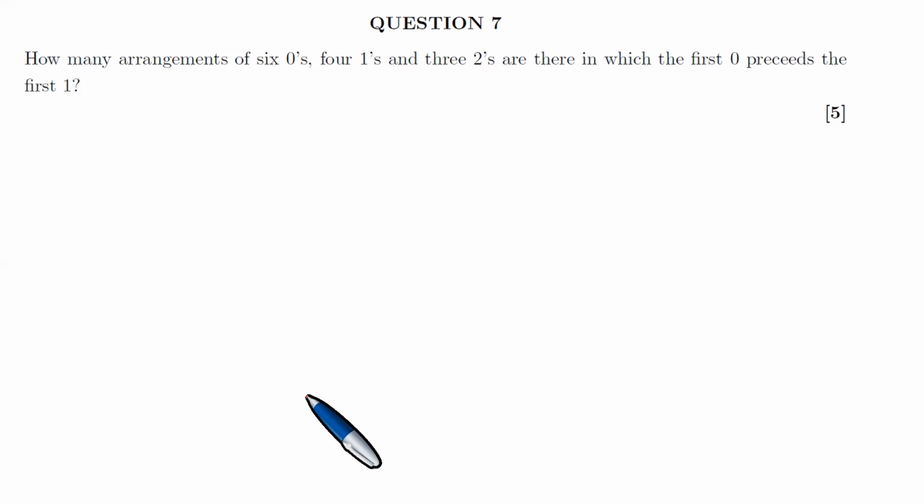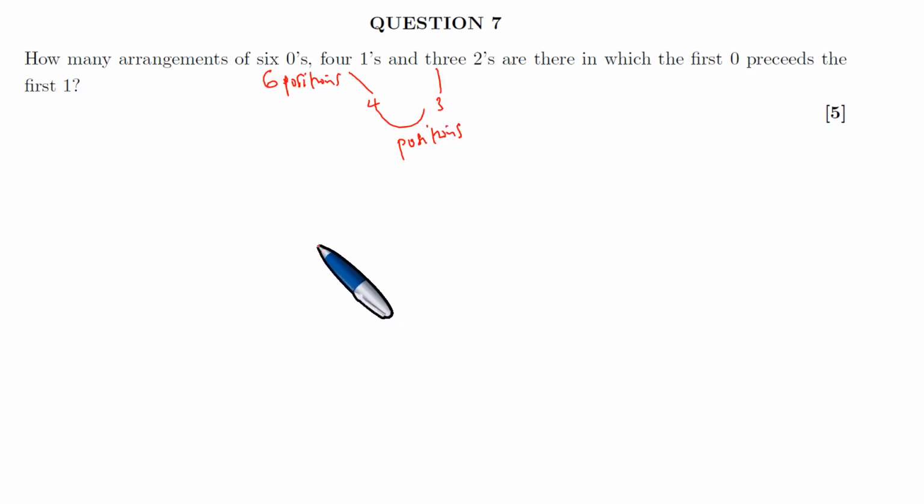Now we need to count quickly and realize what's happening here. First things first, how many positions do we have? We have 6 positions here, 4 positions here, and 3 positions here.